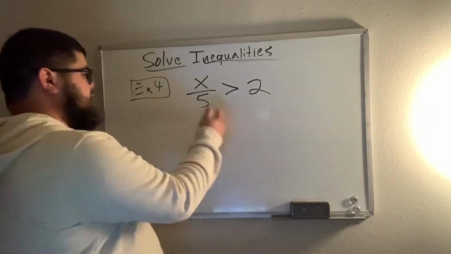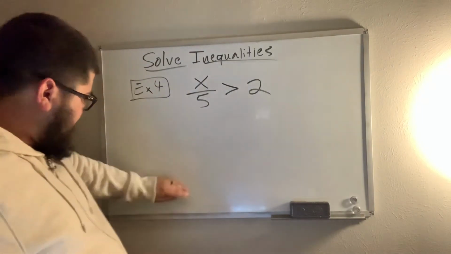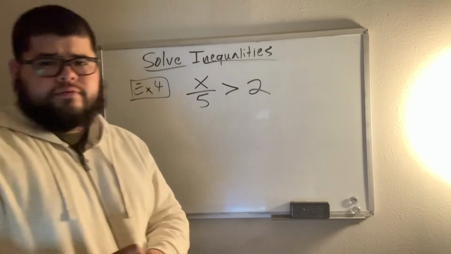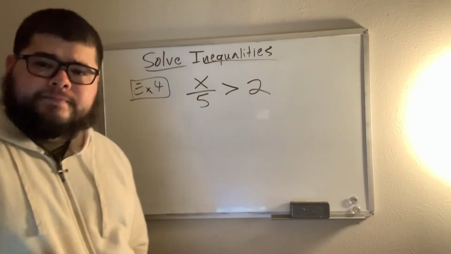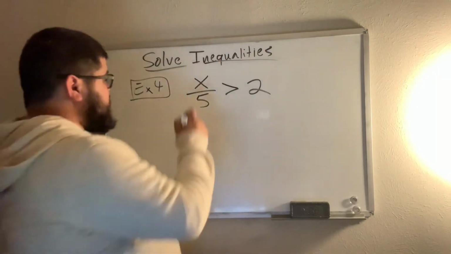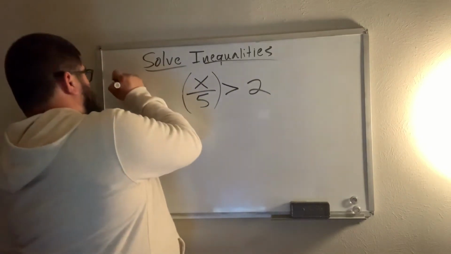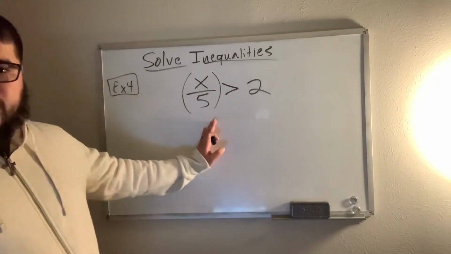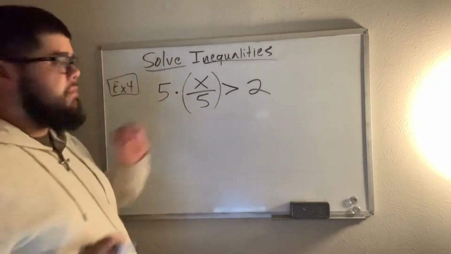That's how you read the left side. X divided by 5. Now, x is being divided by 5. What's the opposite of dividing by 5? Multiplying by 5, right? So we're going to put the left side in parentheses, and we're going to multiply by 5.